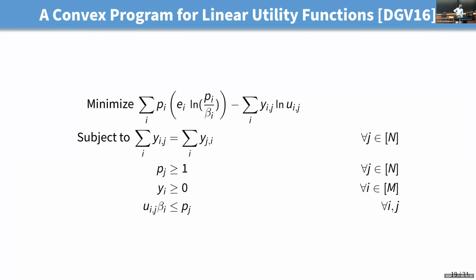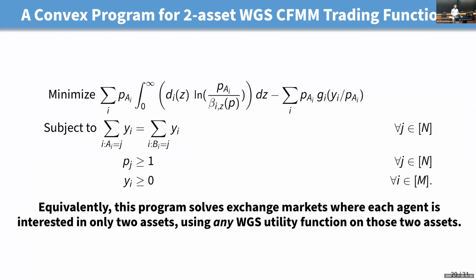Here's the convex program for the standard linear Arrow-Debreu exchange market case. Don't try to parse this. Just note that the objective is a summation over limit orders. When we put this into the case with CFMMs, we swap this for an integral over a density function over limit orders.